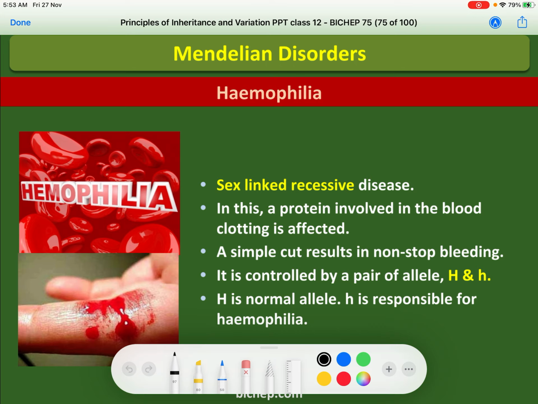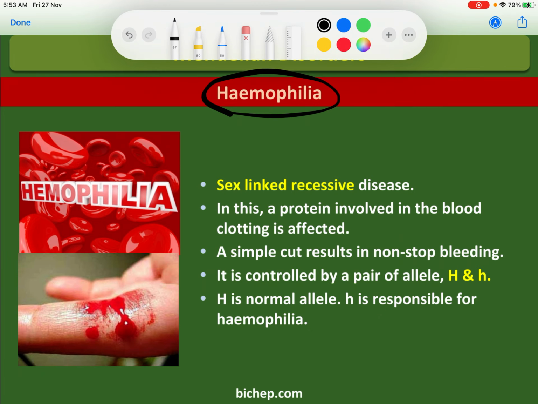So hemophilia is the disease which can affect an individual by not having blood clotting. So it is an abnormality of the blood clotting mechanism.